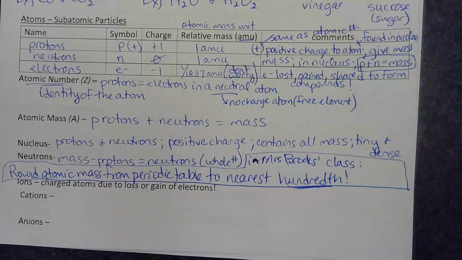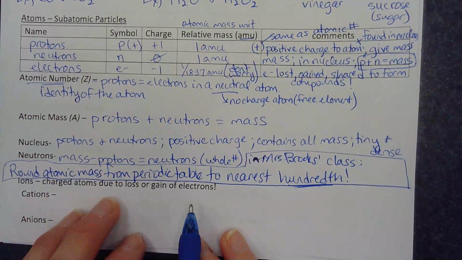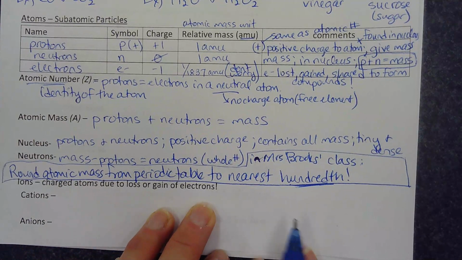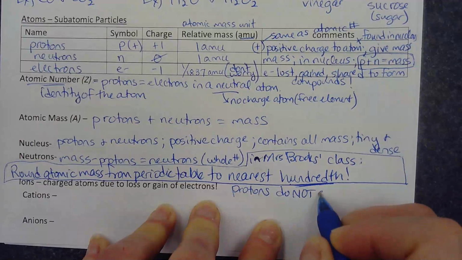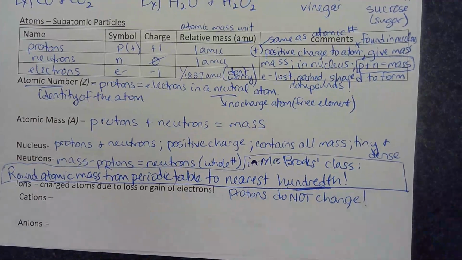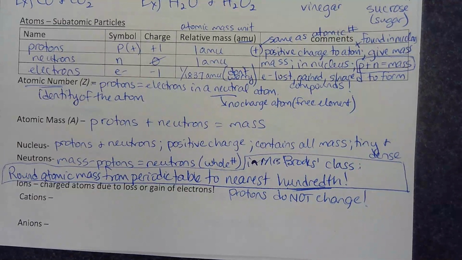That's the atomic number. Which means the only thing left to change that makes the charge is electrons. Electrons are the only things that play a part in forming ions. Look, it says charged atoms due to loss or gain of electrons, because protons do not change and neutrons don't have anything to do with the charge anyway, so that doesn't matter.